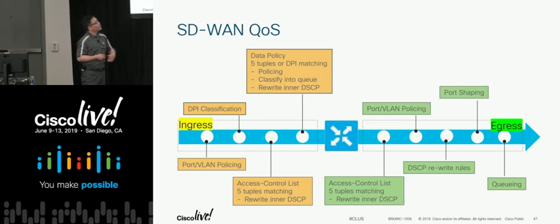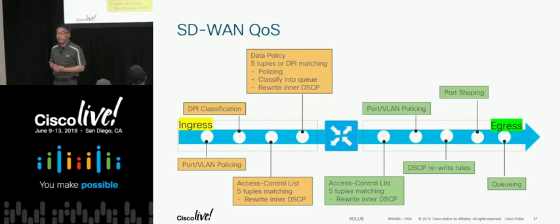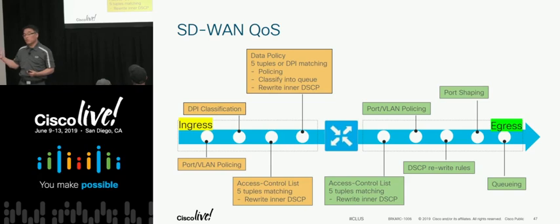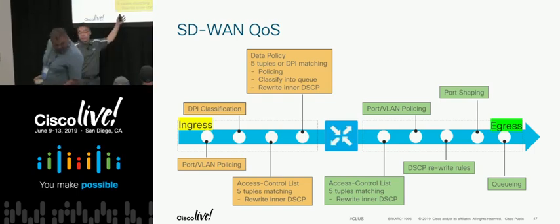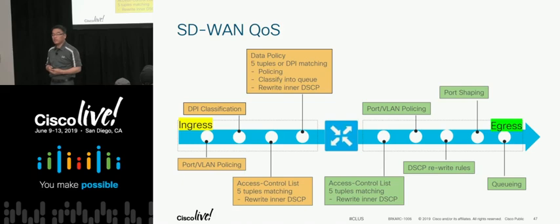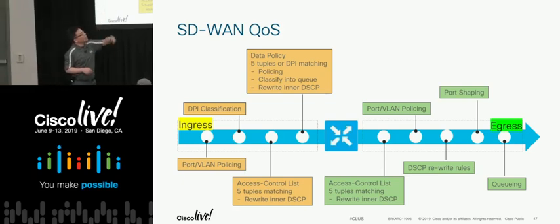Then after the packet inspection and classification, you can apply an ingress ACL, access control list, to match on 5-tuples, which means match on the flows, and you can apply the action of policing, or the action of rewriting inner DSCP values. So do a remarking. Then there's a data policy.